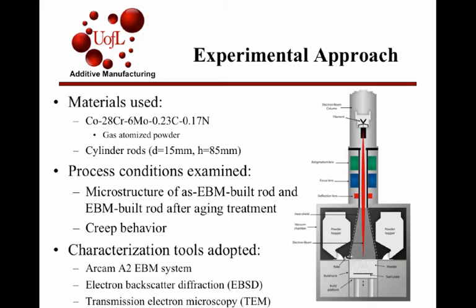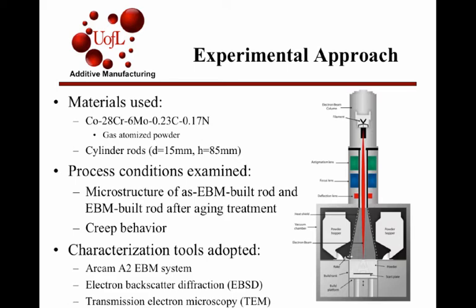The process conditions examined were the microstructure of EBM rods straight out of the machine, and then they did an aging heat treatment on the same size rods, and they just did the creep behavior testing on the aged rods because they were interested in the microstructure after the aging process.